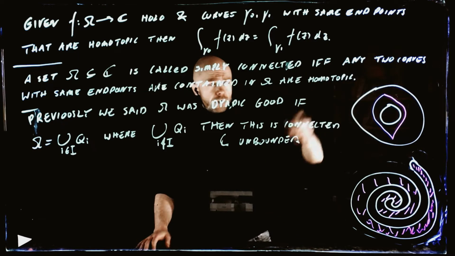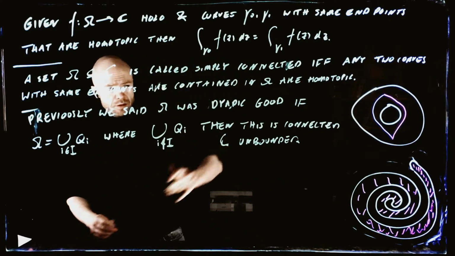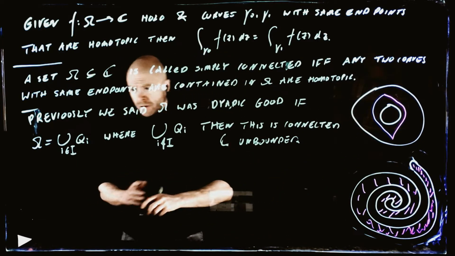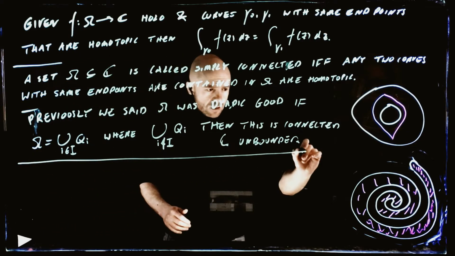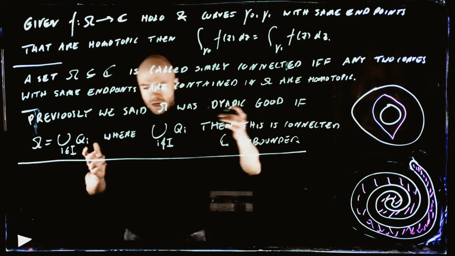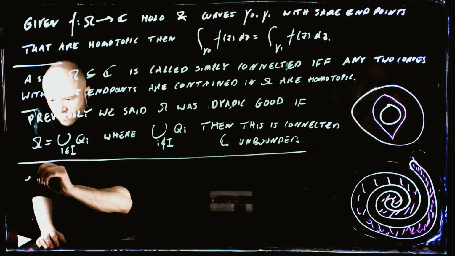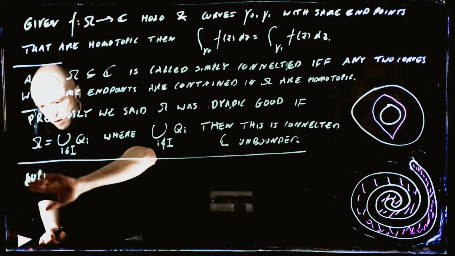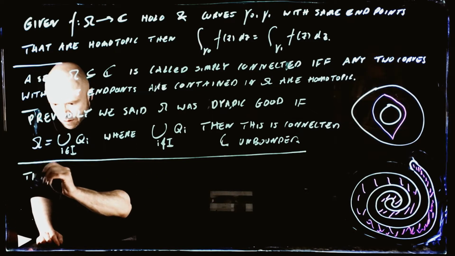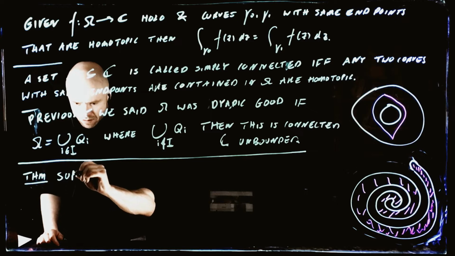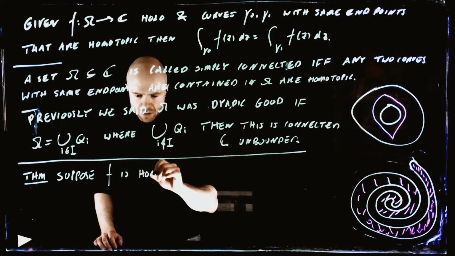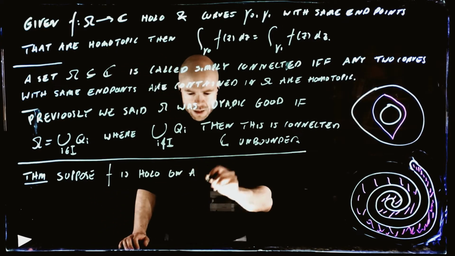But now with this notion of homotopy, we don't have to define it this way. We can define it in a more subtle and more general way. And the point is that all the stuff that was true previously for these dyadic good sets is now true for simply connected sets. So the main theorem is that, suppose f is holomorphic on a simply connected set omega.